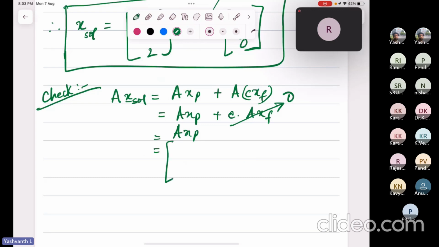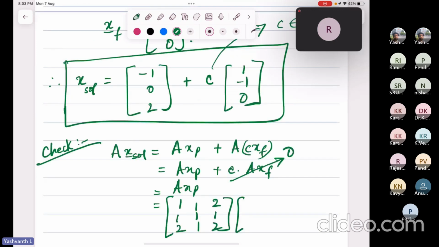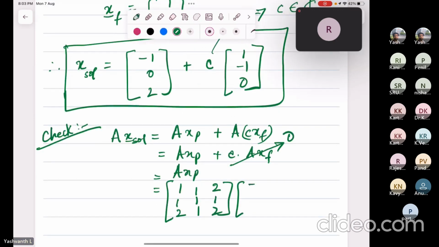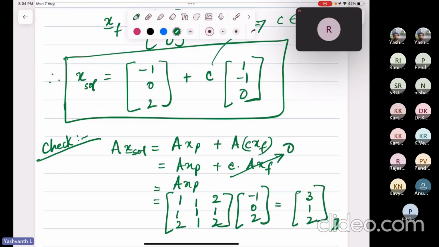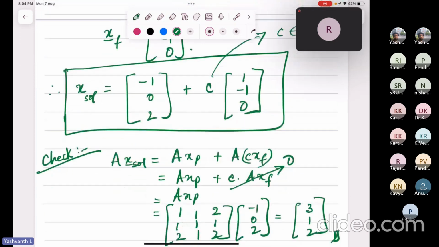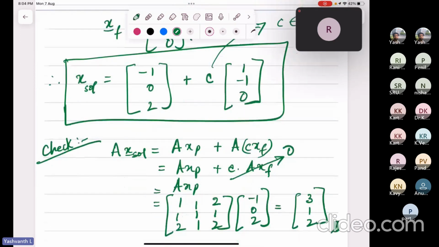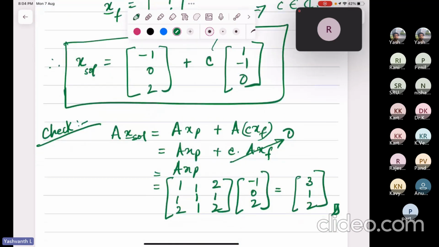This is nothing but 1, 1, 2, 1, 1, 1, 2, 1, 2 times the particular solution -1, 0, 2. You can show that this will give 3, 1, 2, which is the same as your B. Okay, so this is how you find the solution to a system of linear equations when the system has infinitely many solutions.